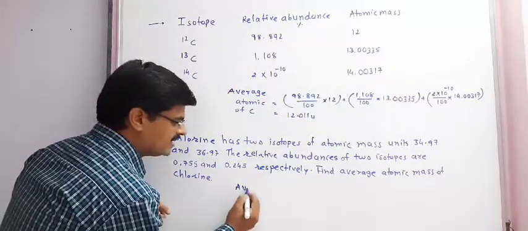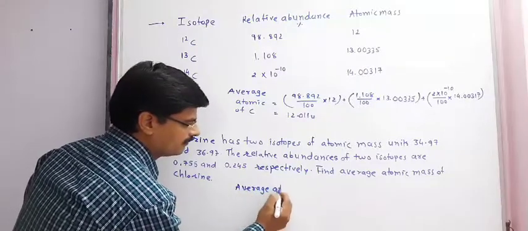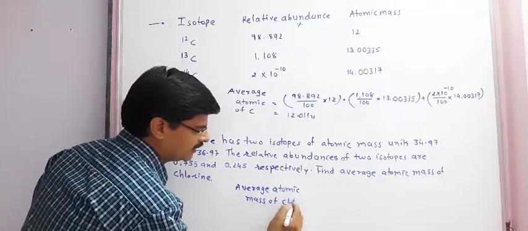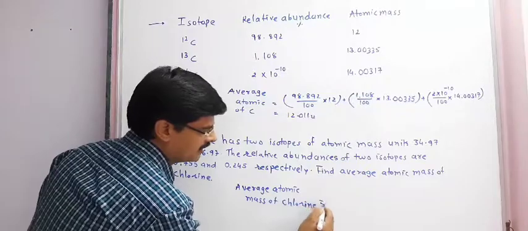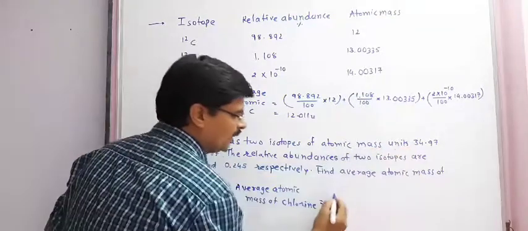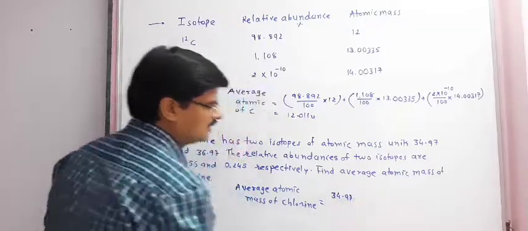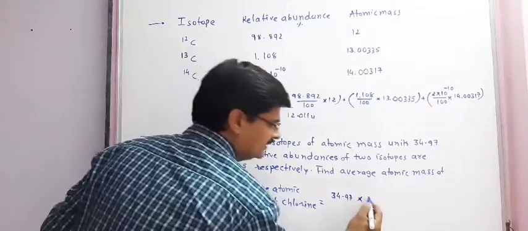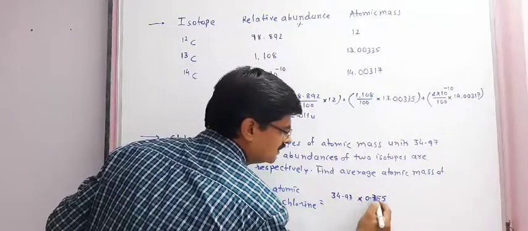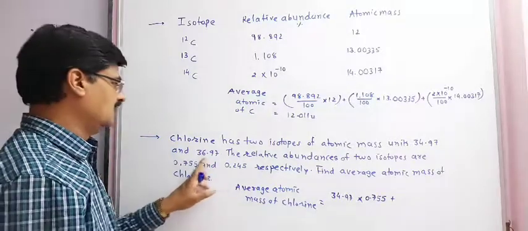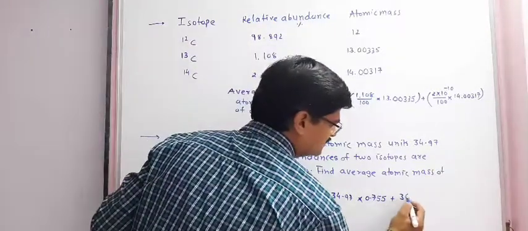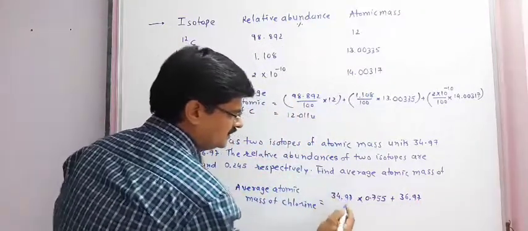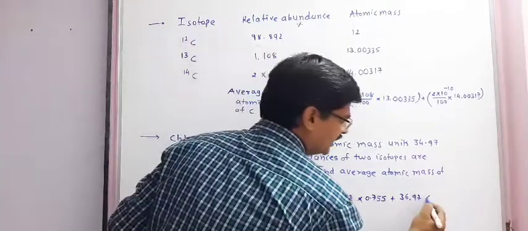So, average atomic mass of chlorine is equal to 34.97 × 0.755 plus 36.97 × 0.245.